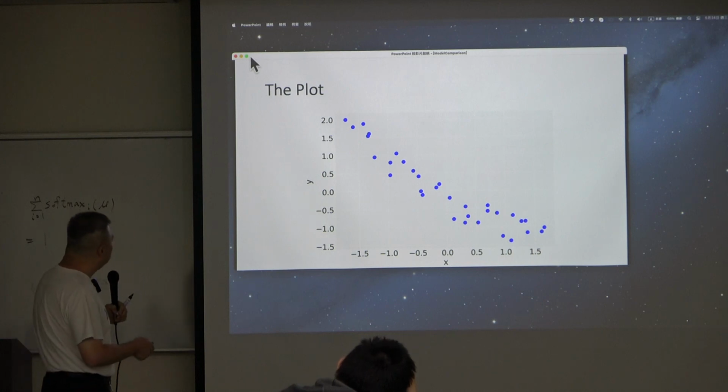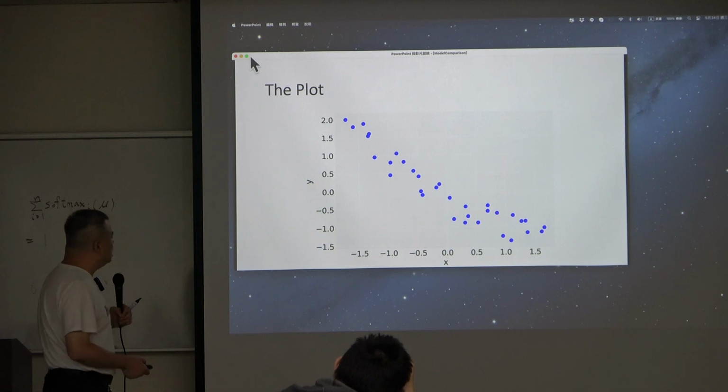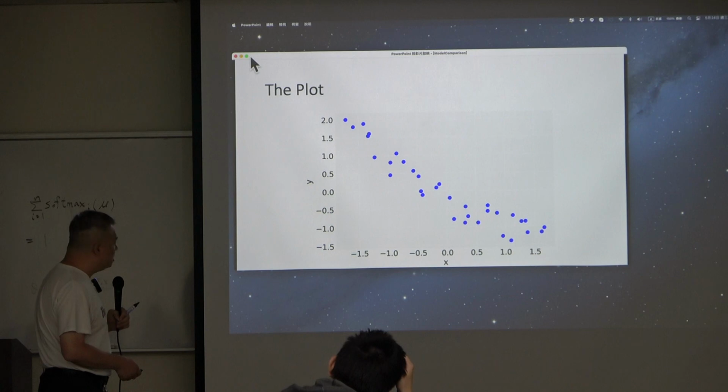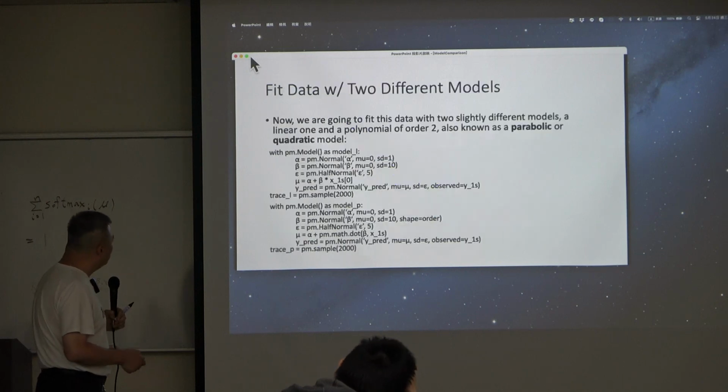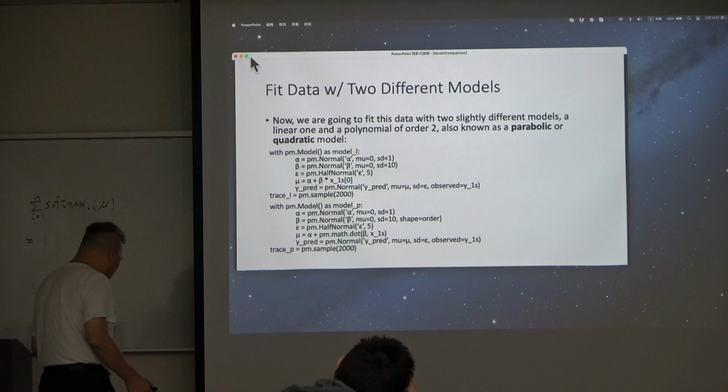Okay, so for this data set, you can obviously create a simple linear regression, or you can create a quadratic regression. The first part is simple linear regression. The second part is a polynomial regression of order 2, or how we call it, quadratic regression.